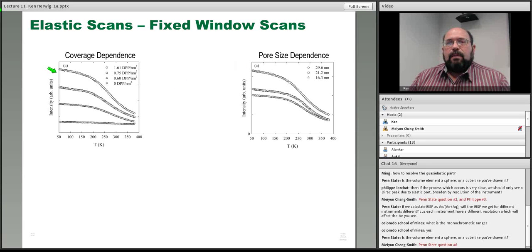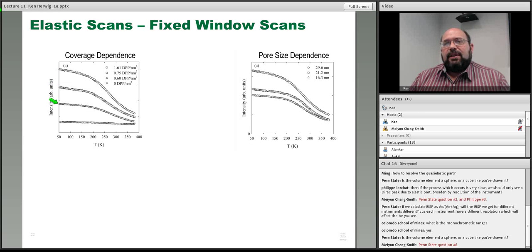The intensities are not normalized to one another, but let's start over here. At highest coverage of DPP molecules, we of course had more hydrogen, and so we had more integrated intensity. In this case, we're integrating all the intensity in all the detectors, so over the entire Q range of the instrument.